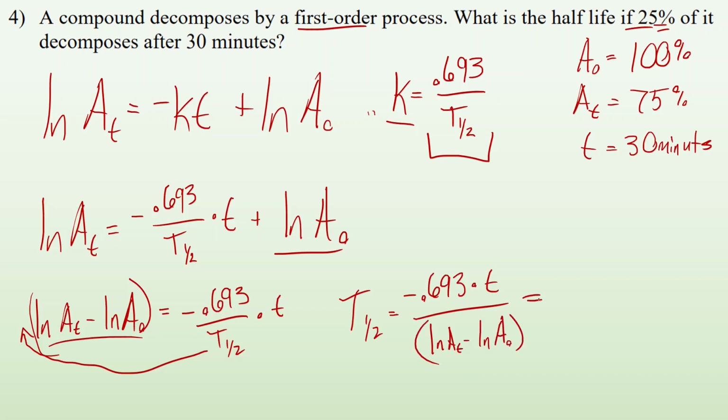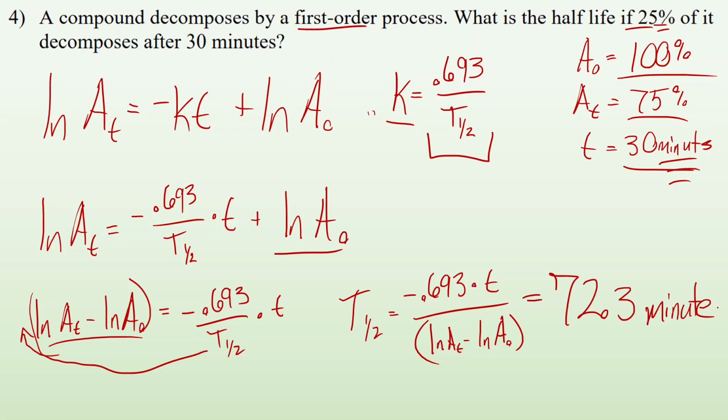All right, so now I can just plug and chug those values in. I have t is 30 minutes. The amount at a given time is 75%, and the amount that I started with is 100%. When I plug and chug that in, I end up with 72.3, and the units that I used for time were minutes, so my half-life is that.